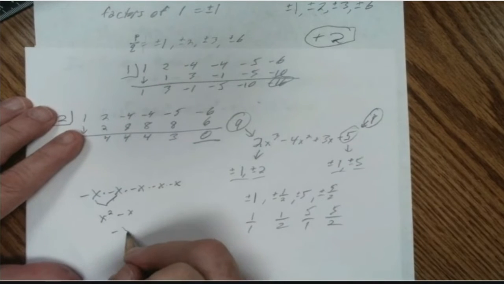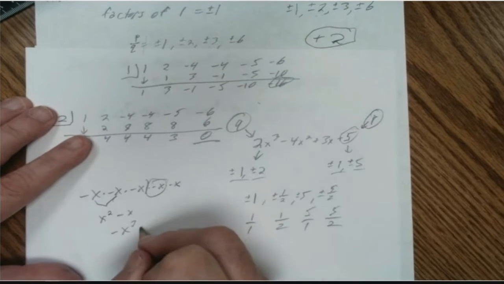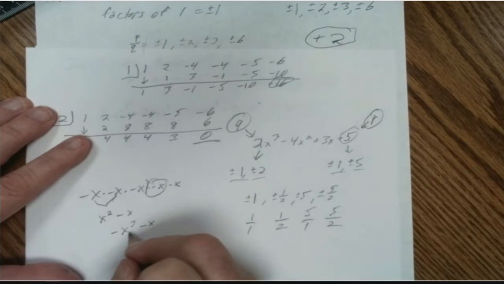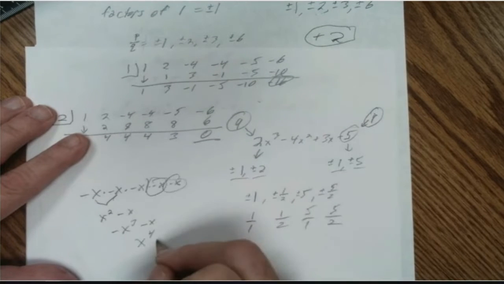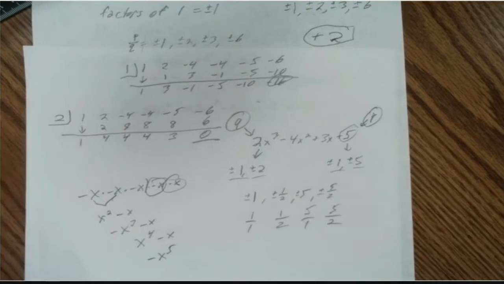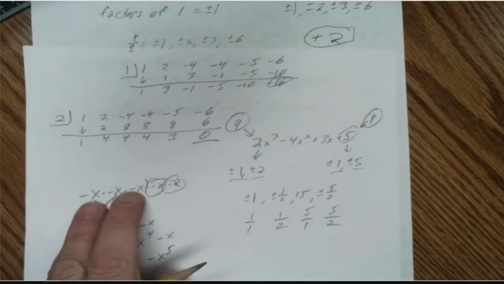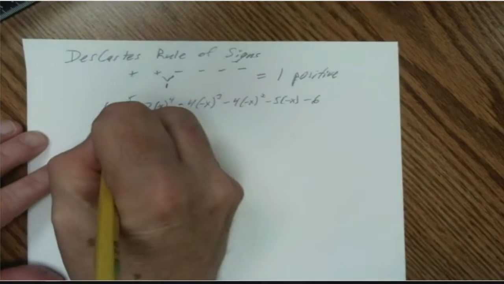Now it's a negative x to the third. We take that one, and now we multiply it by this negative x. We multiply those together, we get a positive again, x to the fourth. And then multiply it by another negative x. Positive, negative, positive, negative. It ends up negative x to the fifth when we simplify it.